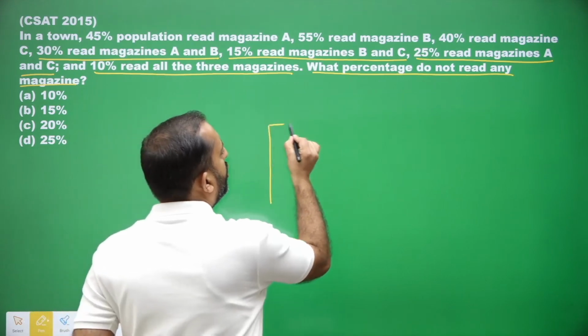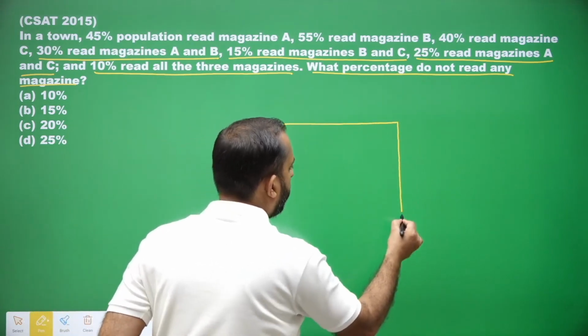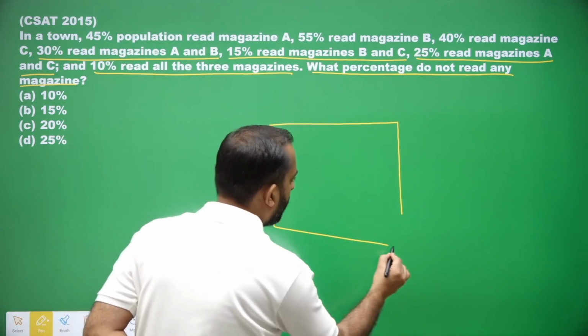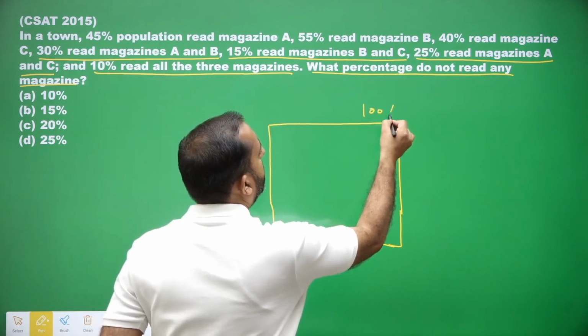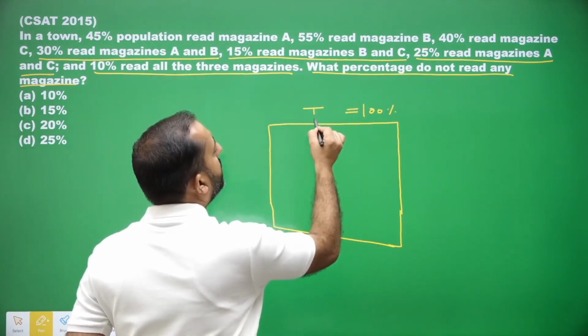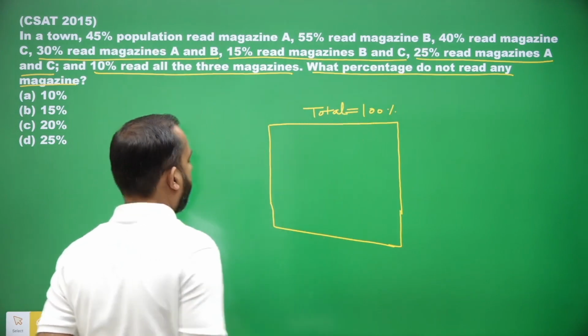When every value is in percentage, then universe or totality must be represented with the help of 100%. So value of completeness is what? 100%.